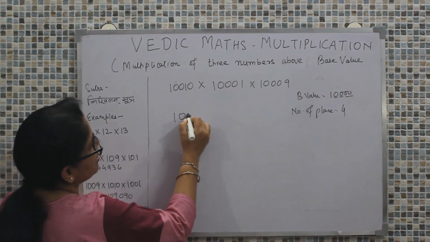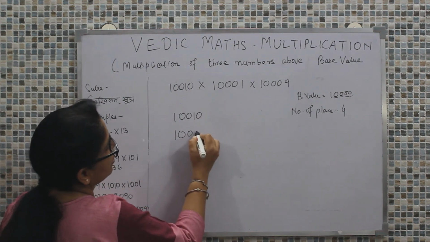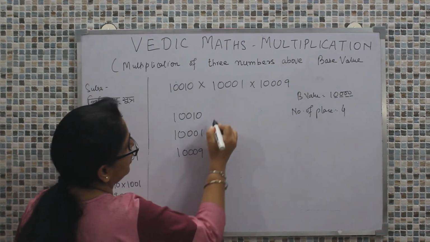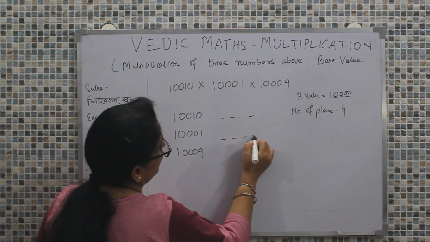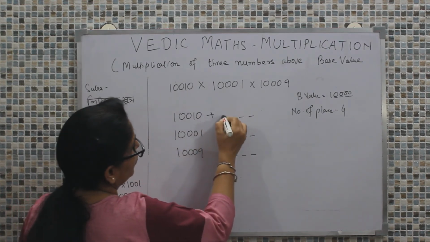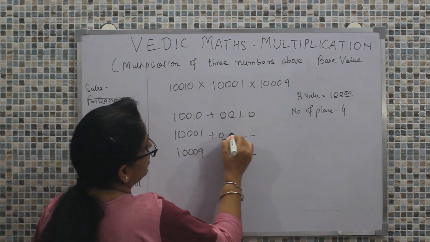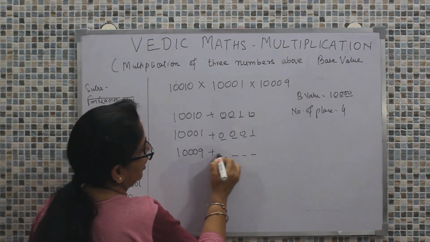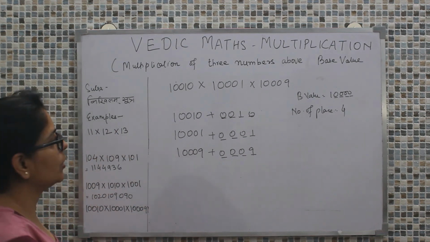So we have 1010, 1001 and 1009. Number of places 4 and 4 and 4. This value is 10 excess of 10,000. This value is 1 excess of 10,000 and this value is 9 excess of 10,000.